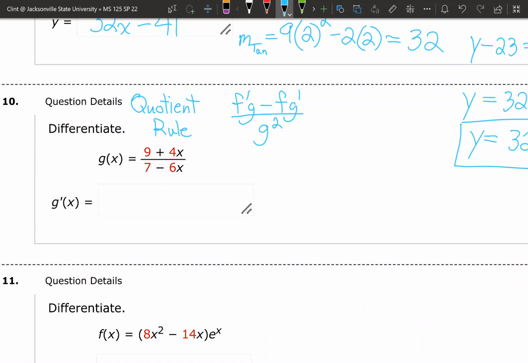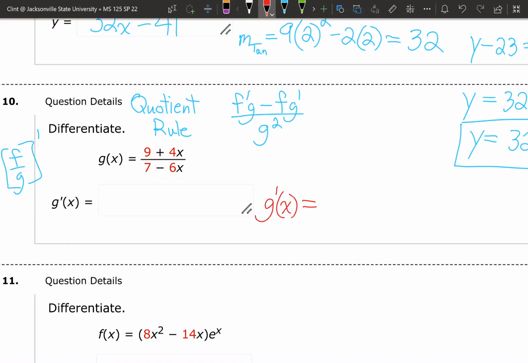Or f's the top, g's the bottom. Okay. So let me switch back to red here. This one's not too bad, not too long anyway.